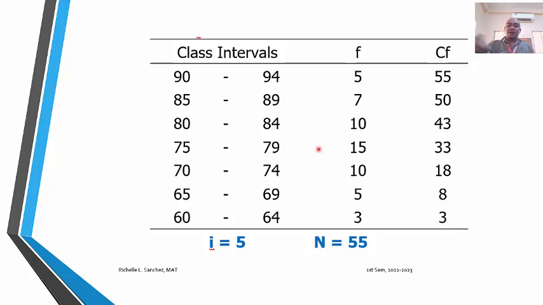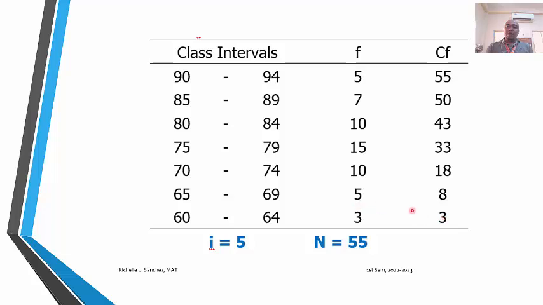Okay, in our formula, there is a cumulative frequency. Therefore, in our table, we have to construct our cumulative frequency column. How is the cumulative frequency column constructed? Whatever the value here in F will be reflected in our cumulative frequency column. So here we have 3, so we write 3.